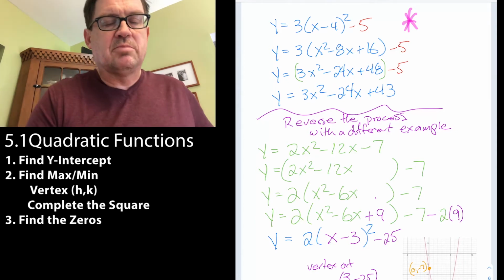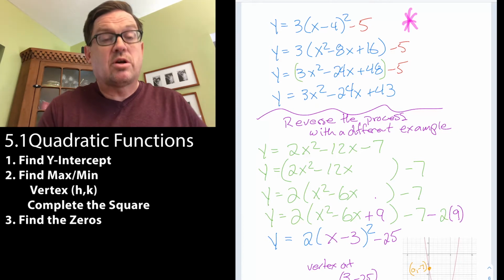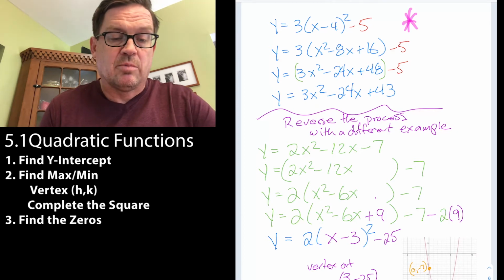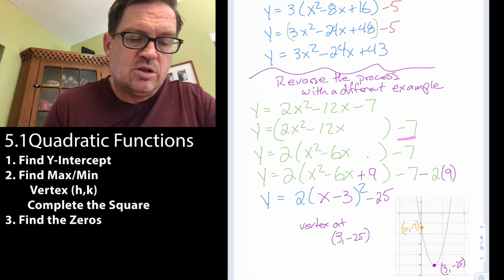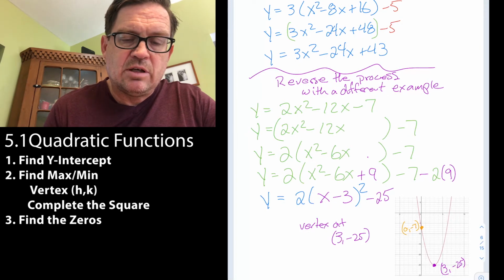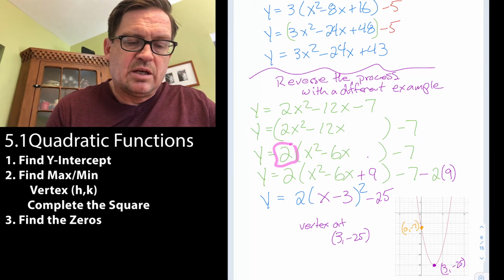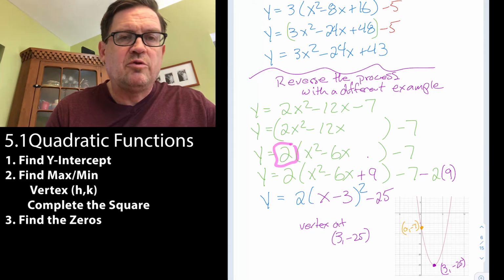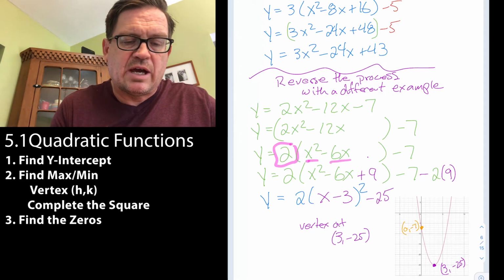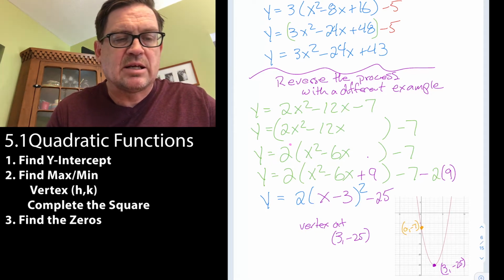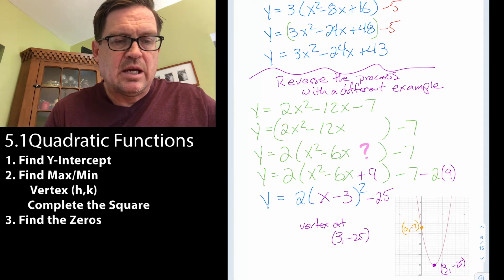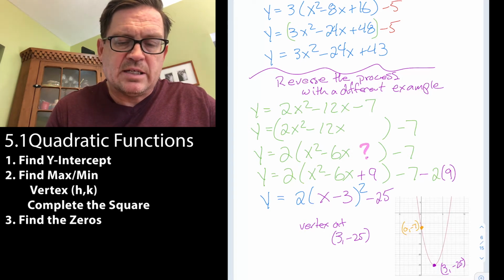If you want to go from the general form to the completed the square form, well, first thing you do is factor out the 7 out here. Then you factor out the 2 out of what's left so that you have x squared minus something times x. And you've left a space here.